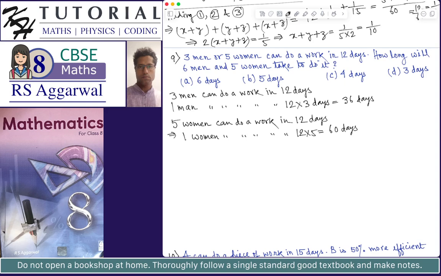So we can say that work done by one man in one day will be equal to 1 by 36. Similarly, work done by one woman in one day will be equal to 1 by 60.